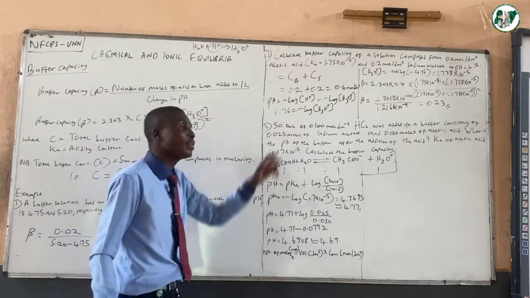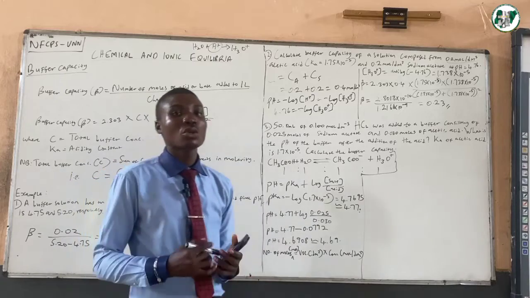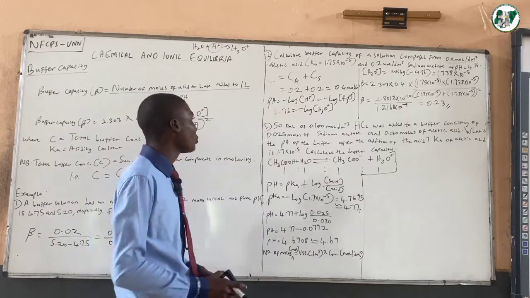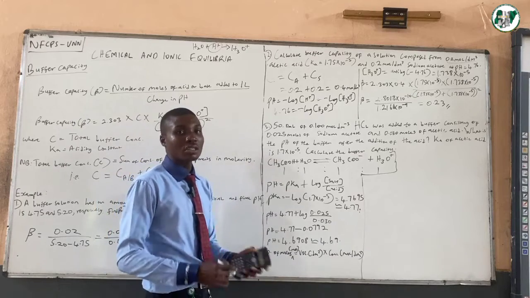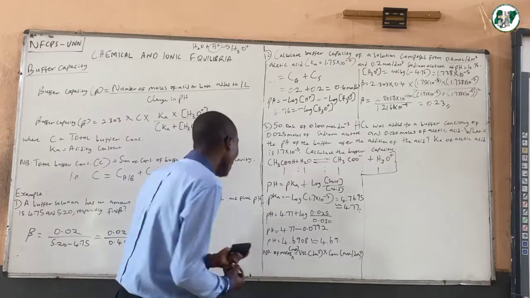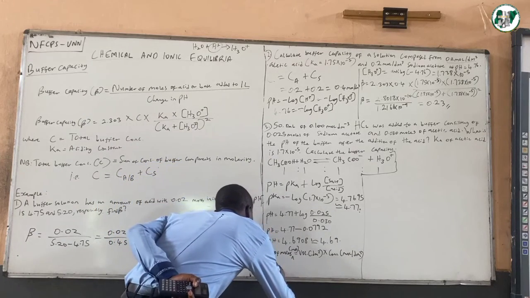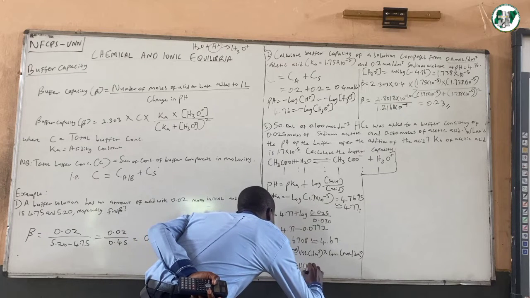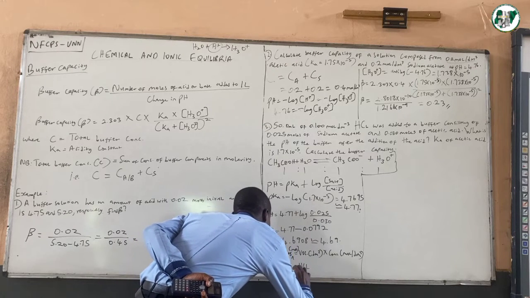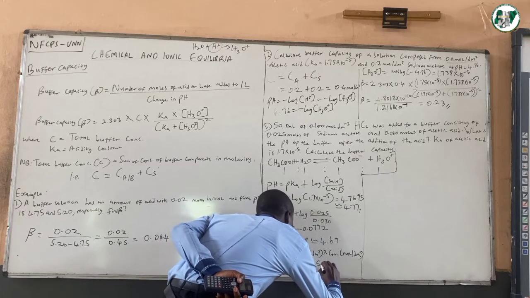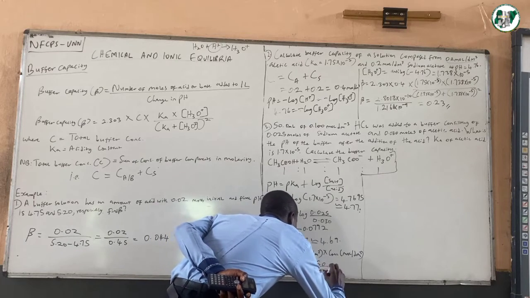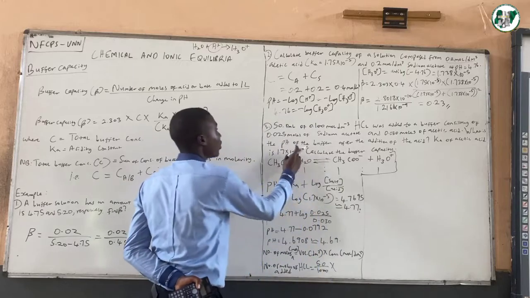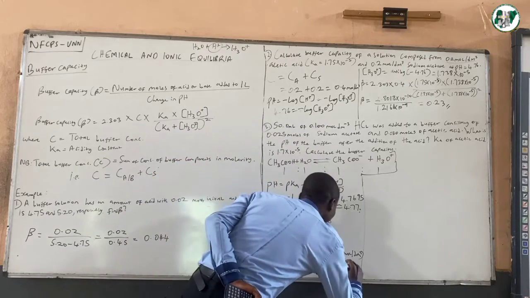So we have 50 ml. How do we convert 50 ml to dm cube? We are aware that 1000 ml is equal to 1 dm cube. So 50 ml will now be equal to 50 divided by 1000. So the number of moles of HCl that was added is equal to 50 divided by 1000, that's the volume in dm cube, times the concentration, which is 0.1.